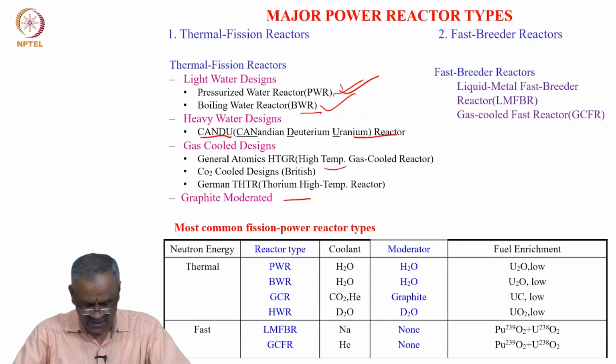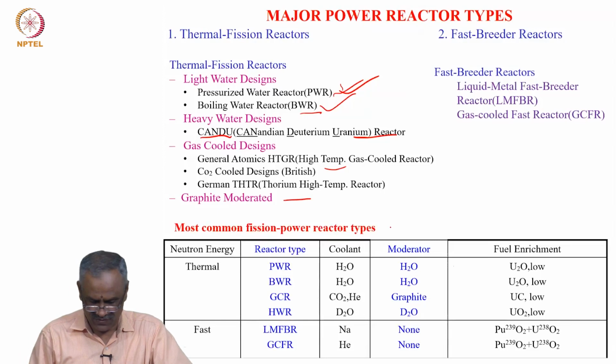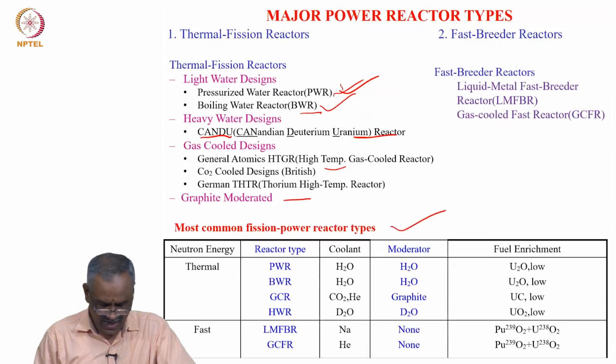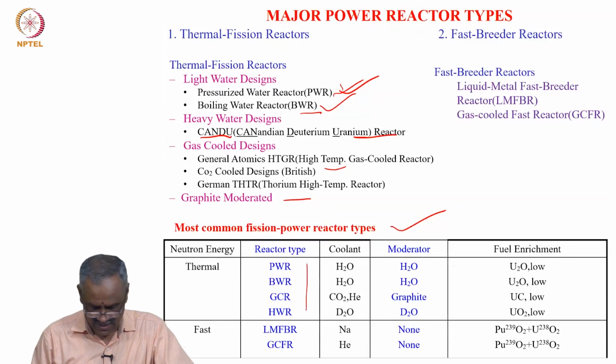So, if you look at the summary of commonly used fission power reactors, they include thermal reactors and fast breeder reactors. Here you can see all these are listed, and the coolants are given here: water or light water, CO2, helium and D2O in the case of these thermal reactors, but again moderators are these.